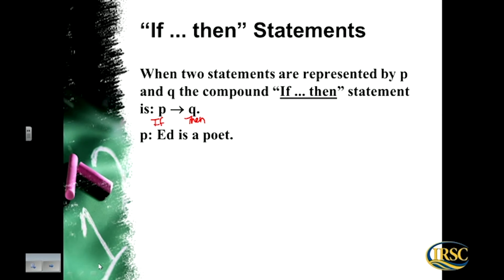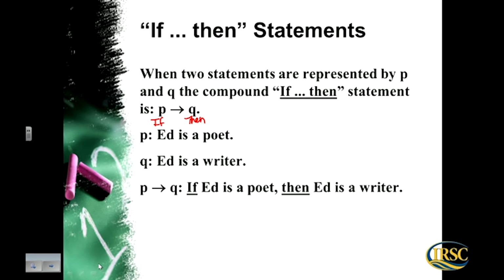So this time, let's say that P stands for Ed is a poet, and Q stands for Ed is a writer. So if you were going to write these symbols into words using this P and Q, you would start out with the word if, write your P, then your word then, write your Q. So you should have something like this.